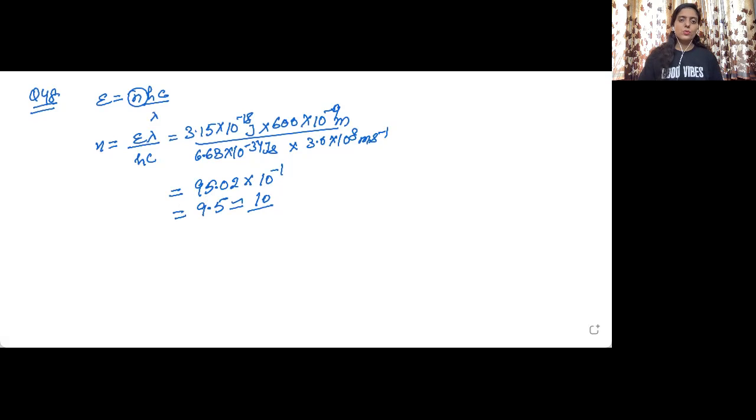Okay, so let us now move into question number 49. What is the statement for question number 49? Lifetimes of the molecules in the excited states are often measured by using pulsed radiation source of duration nearly in the nanosecond range.